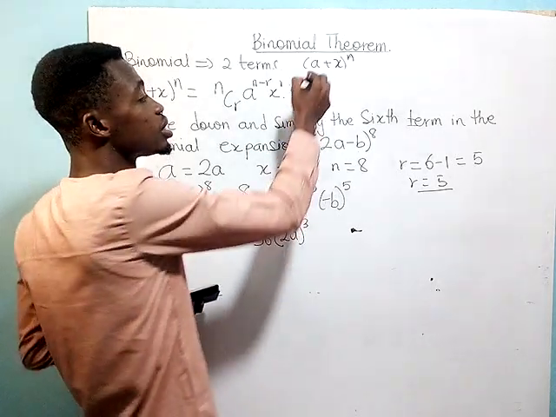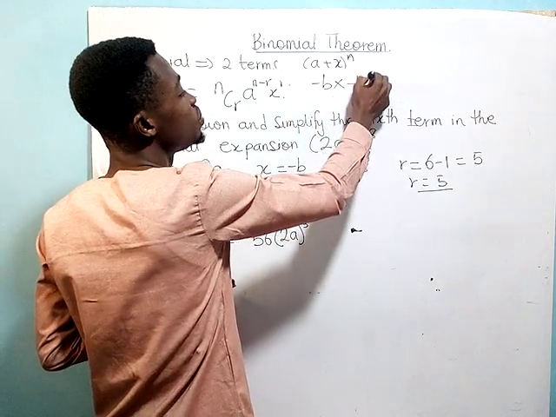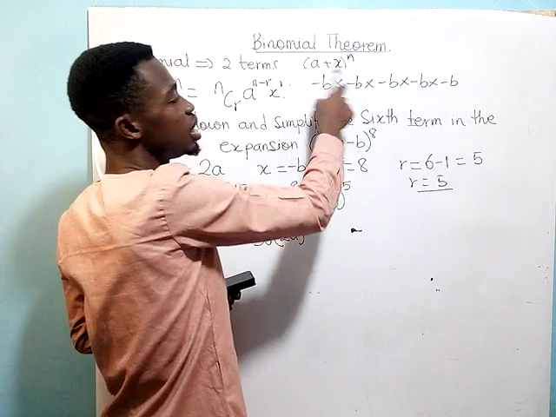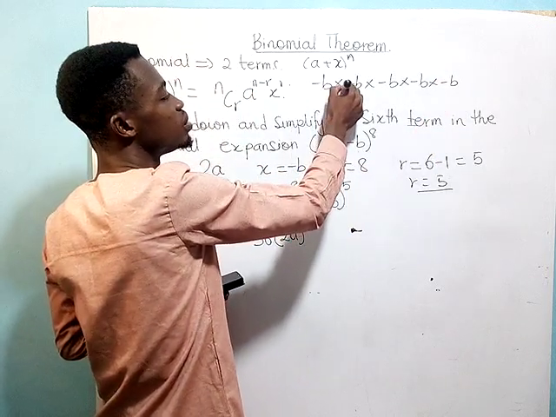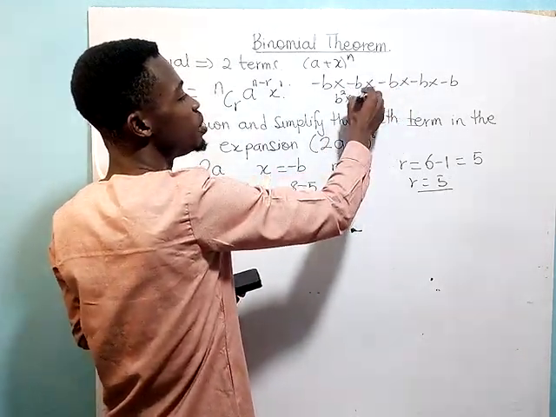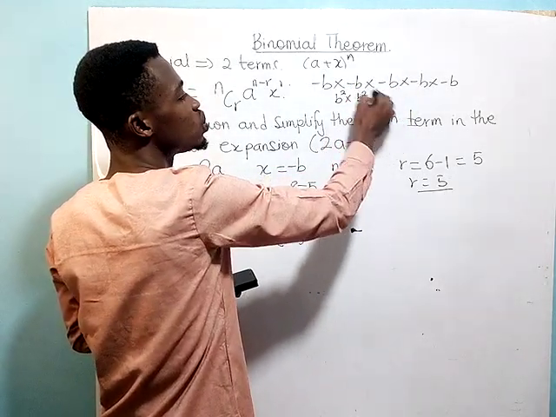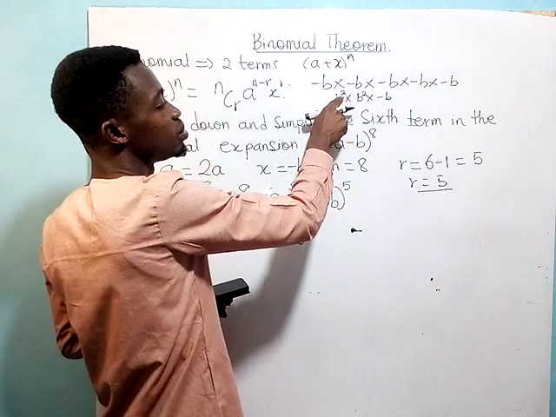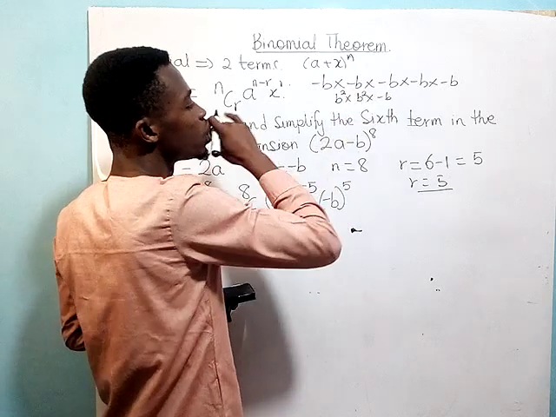Let's simplify it. Minus b times minus b times minus b. Minus b times minus b is b to the power 2. Then b squared times minus b is also b squared times minus b here. Now, let's move on.